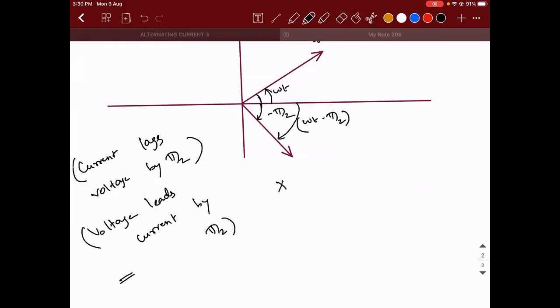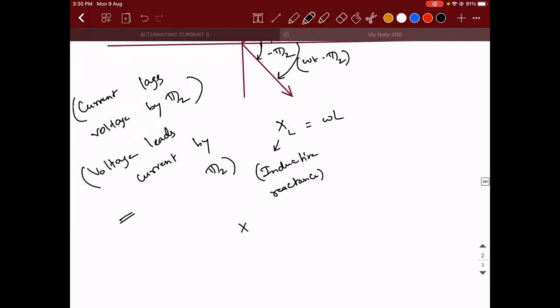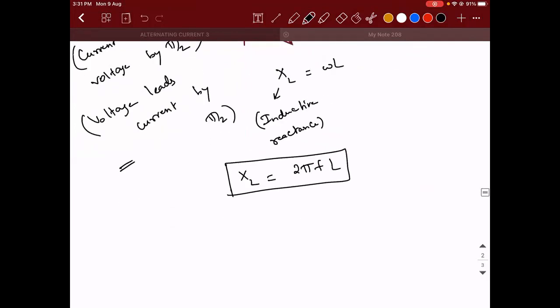Similarly, XL is equal to omega into L, where this XL is called the inductive reactance. Then this XL can also be written as 2 pi F into L, where F is the frequency of the input signal. So for DC, F will be equal to 0.